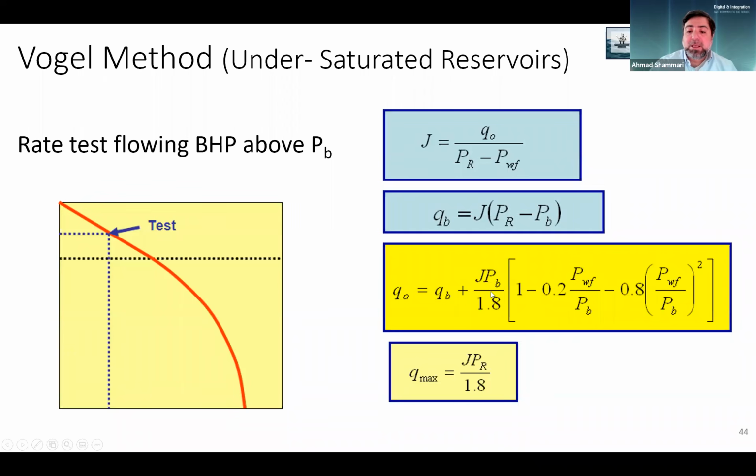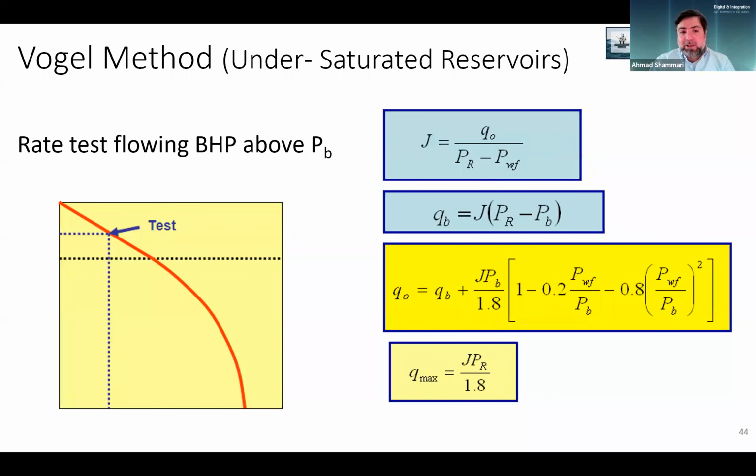So Q_o equals QB plus J, which is the productivity index, times the flowing bottom pressure minus the bubble point pressure divided by 1.8, and this is also multiplied by this term. And Qmax, if we want to know Qmax, is nothing but J times P_R divided by 1.8. This is just an approximation.